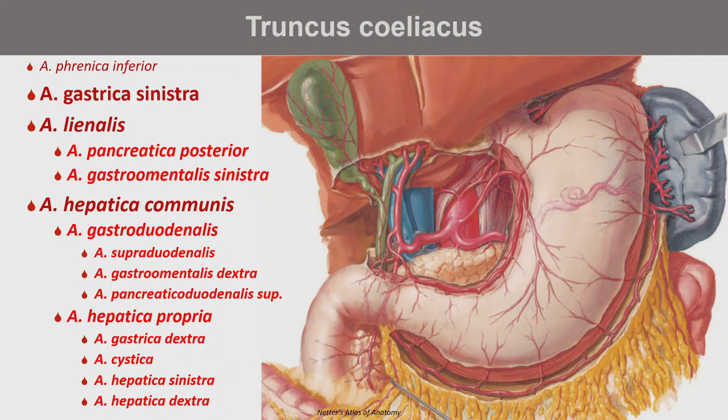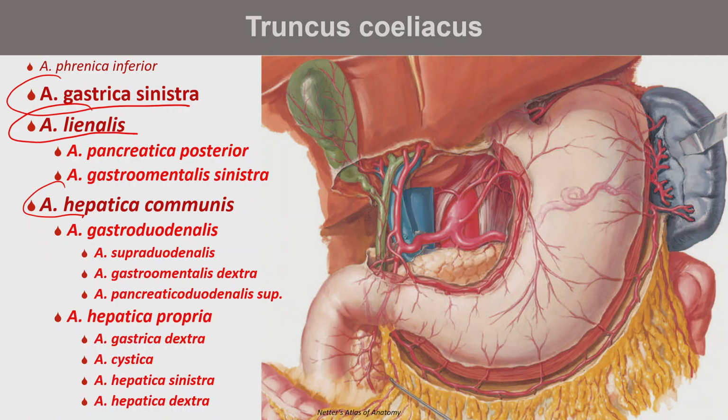About the celiac trunk and its division. The celiac trunk is divided into three main arteries, three large stems. This is the common division, but the way the trunk is divided is very variable, so we do not have a single common schema.